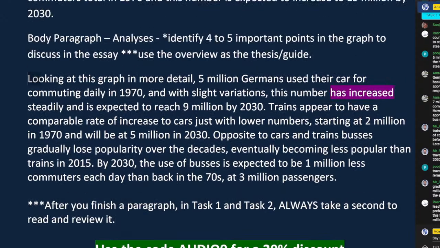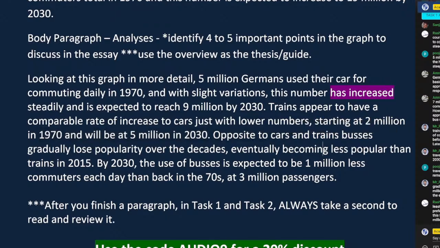So here, looking at this graph in more detail, 5 million Germans used their car for commuting daily in 1970, and with slight variations, this number has decreased steadily and is expected to reach 9 million by 2030. Trains appear to have a comparable rate of increase to cars, just with lower numbers, starting at 2 million in 1970 and will be at 5 million in 2030.